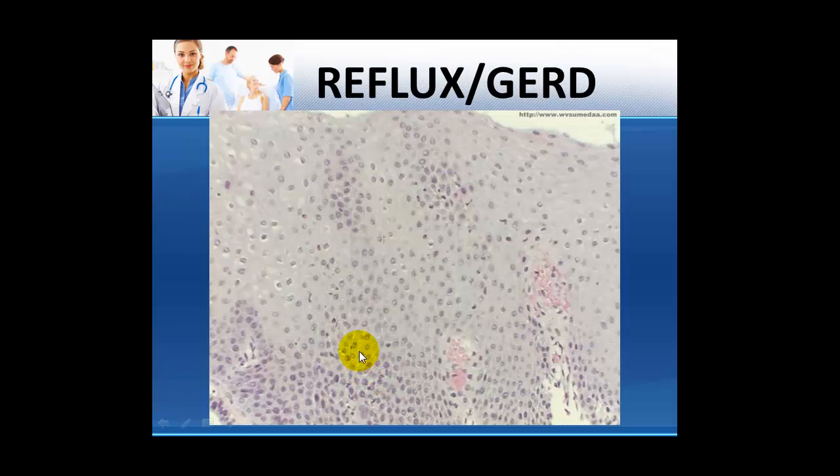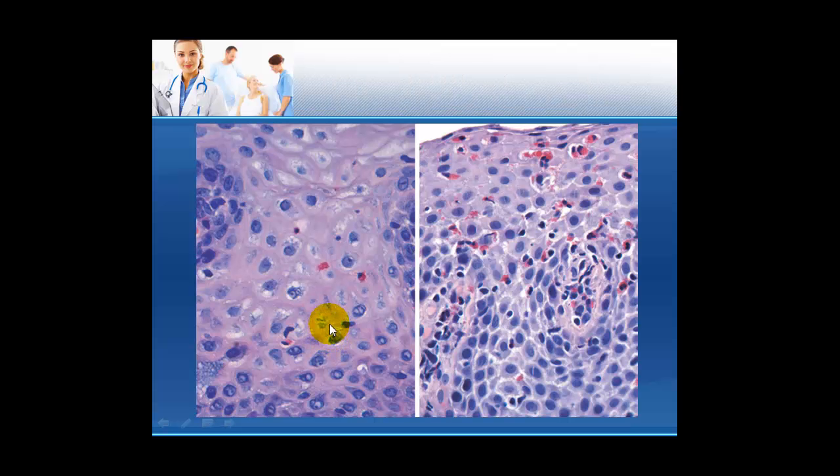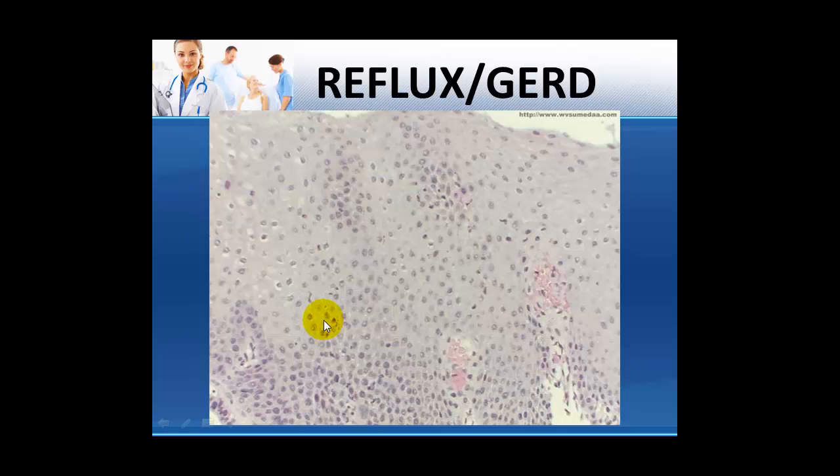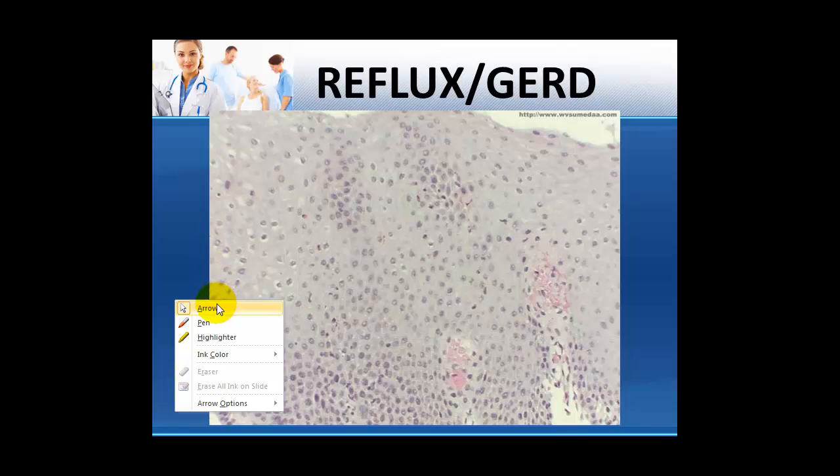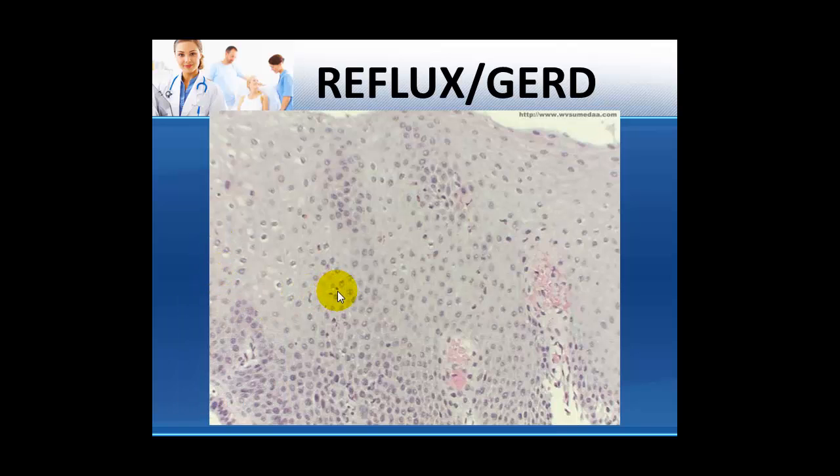Here you can see this type of mucosa is typically a squamous cell mucosa. And if you look very carefully, with a pathologist's eye, you can see a few dots over here. There are a few here, one here. There are a few dots over here, over here. You can see this one.